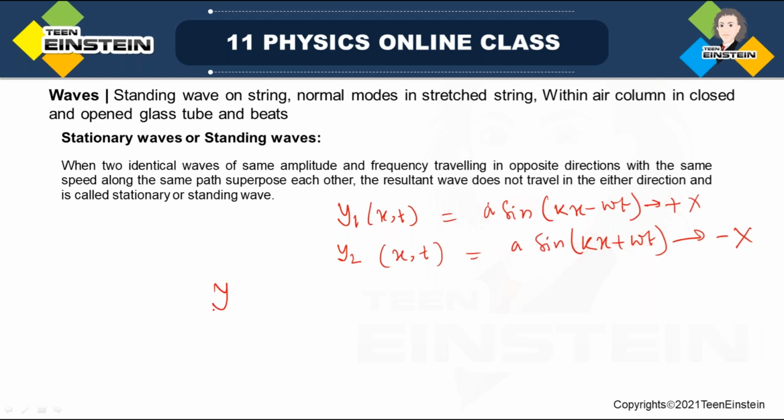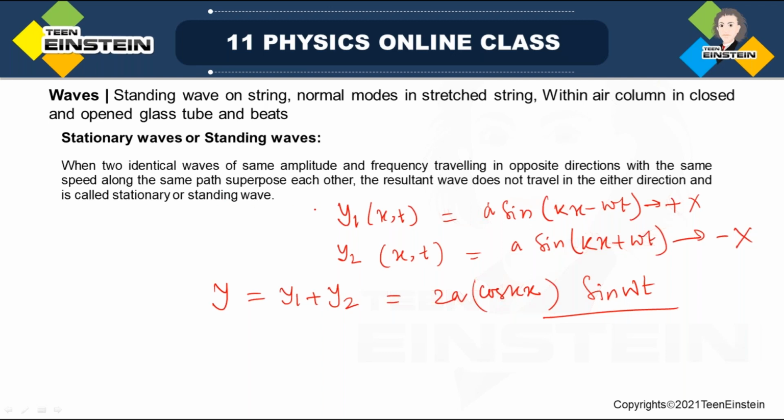According to the superposition principle, if you find the amplitude of the resultant wave by applying a trigonometric identity, then what we get is this, into sin ωt. So this is an expression for the standing wave.